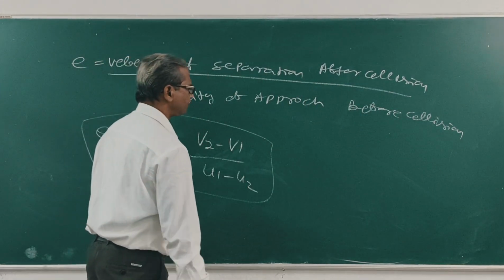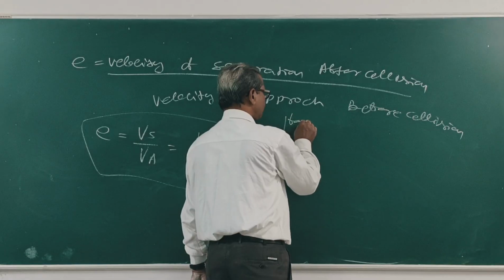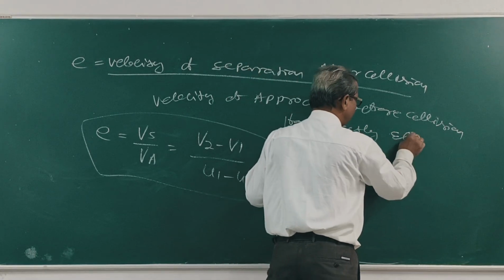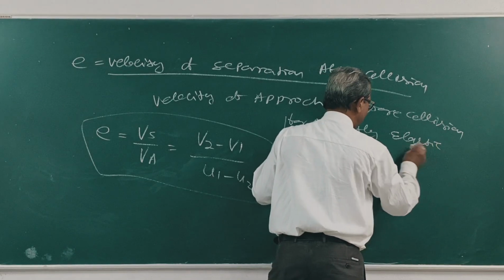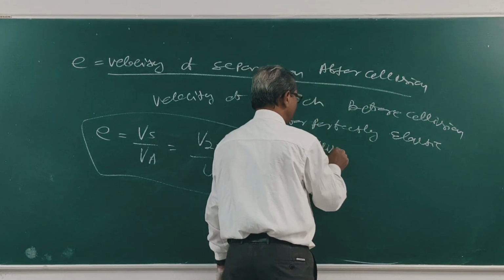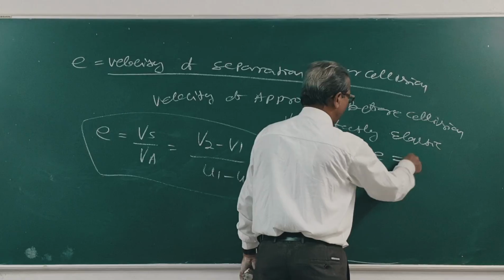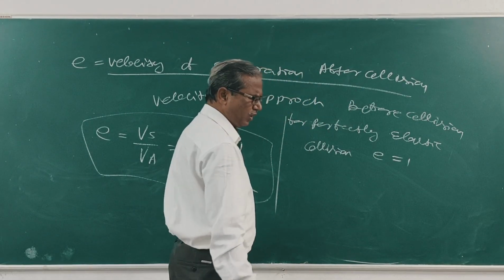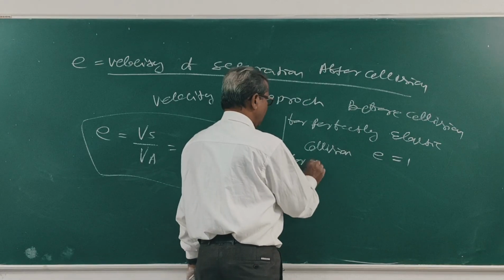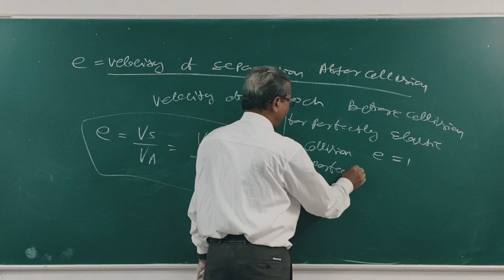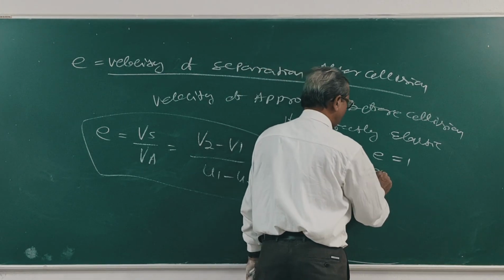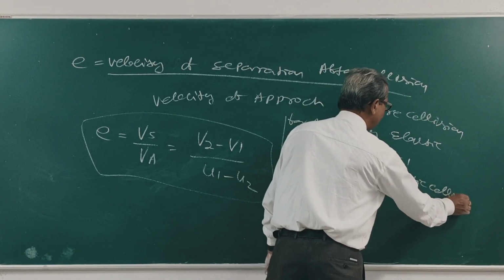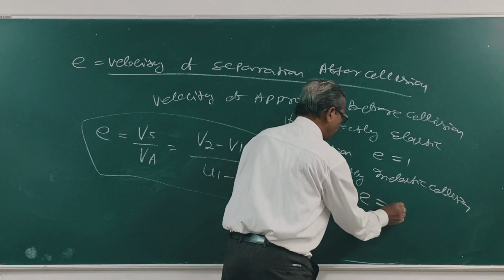For perfectly elastic collision, e is equal to 1. For perfectly inelastic collision, e is equal to 0.